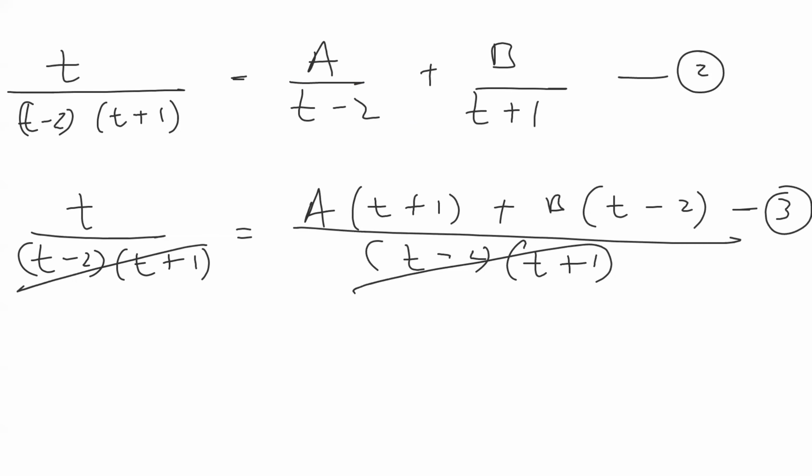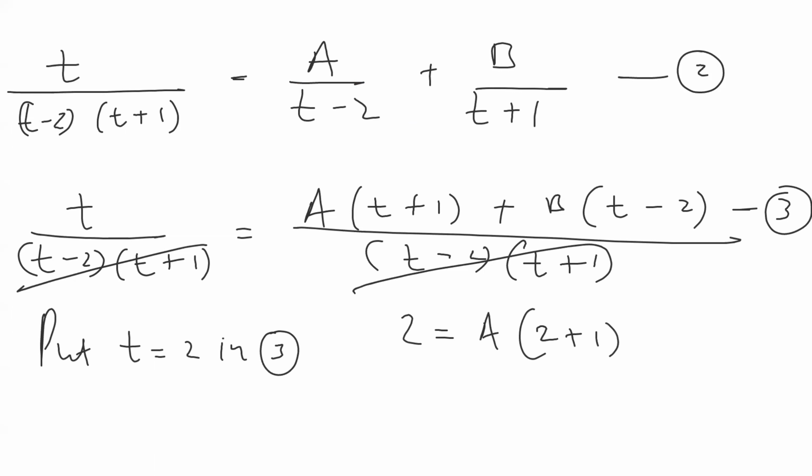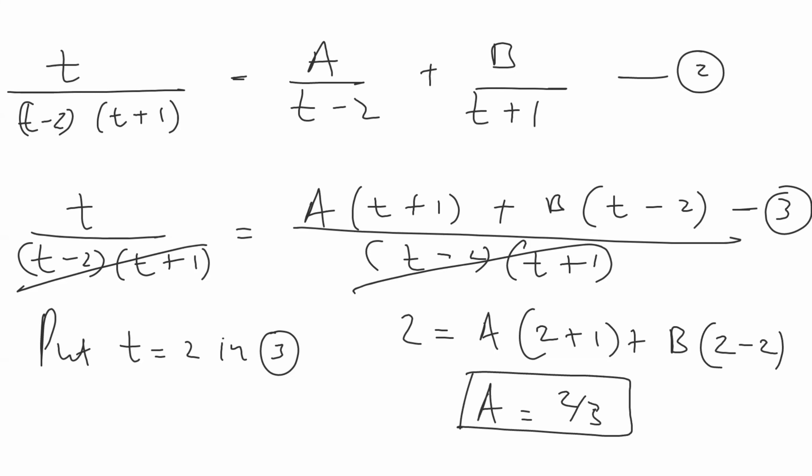So put t is equal to 2 in equation number 3. So 2 is equal to A into 2 plus 1 plus B into 2 minus 2. So what is the value of A? Is it 2 by 3? Yes, sir. A is 2 by 3.